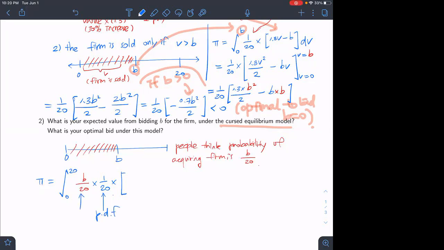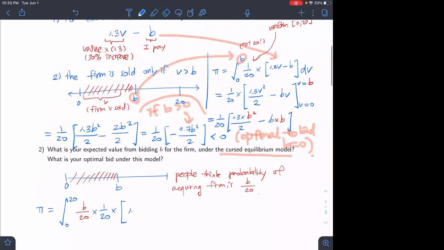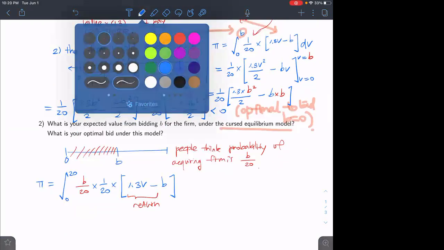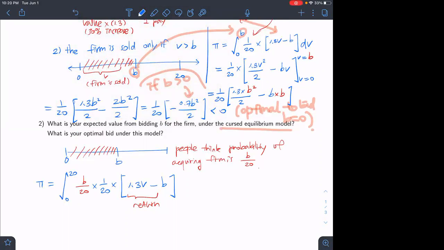This stands for what people think about the probability of acquiring the firm when they bid B. So this part has changed. There will be an announcement soon from the professor. Then we have 1.3 B V minus B. This is the return of the investment. And then we integrate using V.